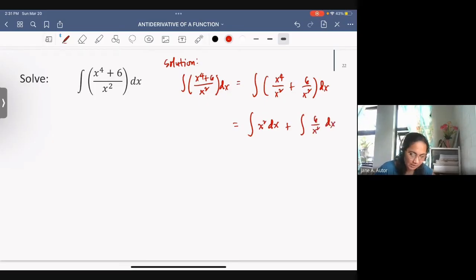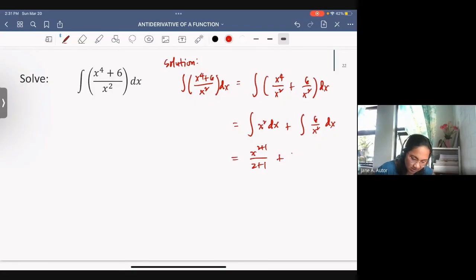Alright? So next is we will apply the power rule in this first term. We now have x raised to 2 plus 1 divided by 2 plus 1 plus, as you can see, for our 6 over x squared, we can factor out first 6 and then transform 1 over x squared into an exponential expression.